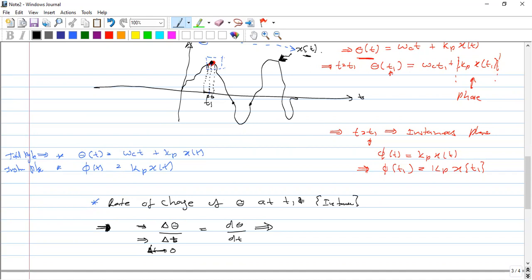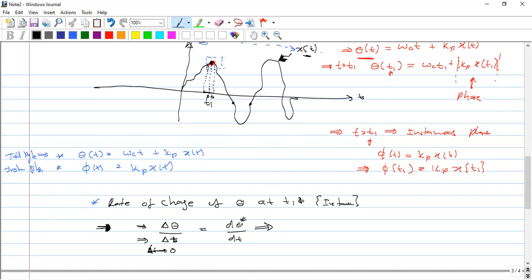So if you get the derivative d theta by dt, you can get the rate of change of this theta, okay?